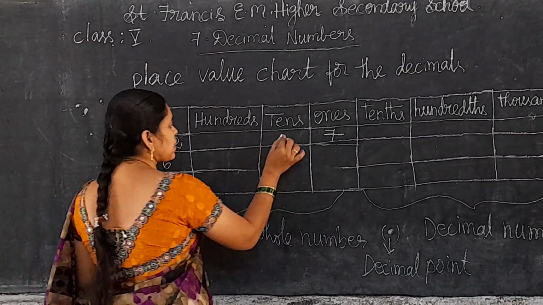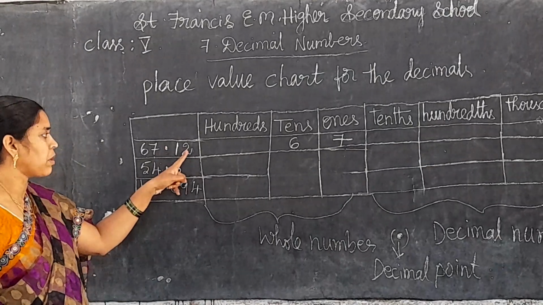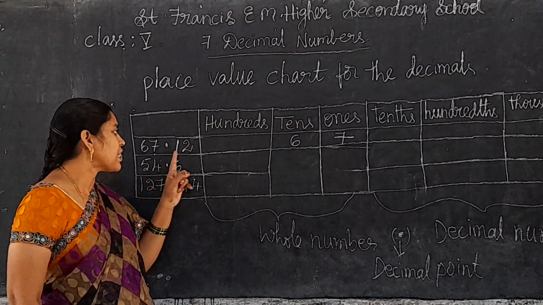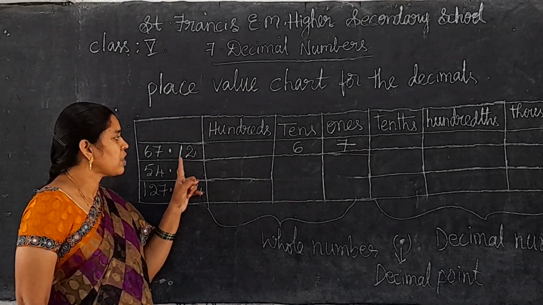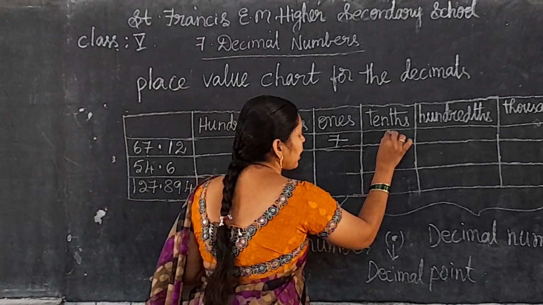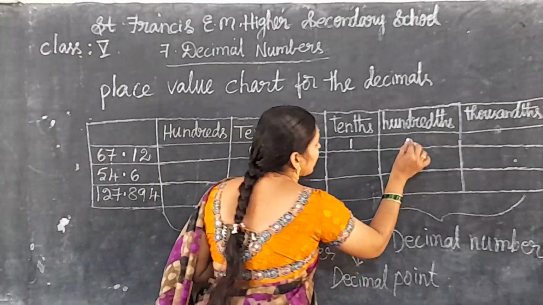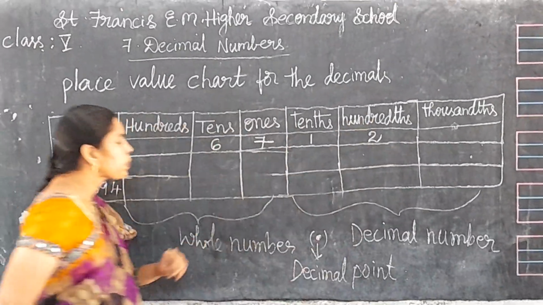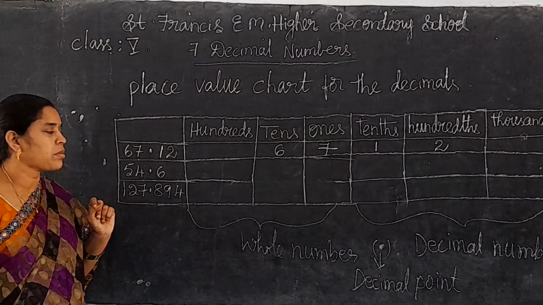Tens place. Write 6 in the tens place. Now after the decimal point we read as tenths, hundredths. So how many tenths? 1 tenth. Write 1 in the tenths place, and 2 you should write in the hundredths place. Is it clear? This is the place value chart for the decimals.